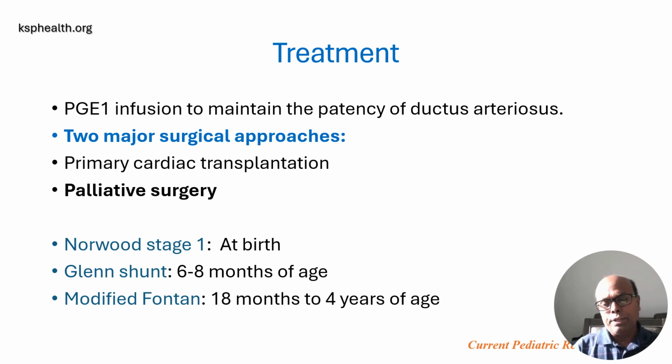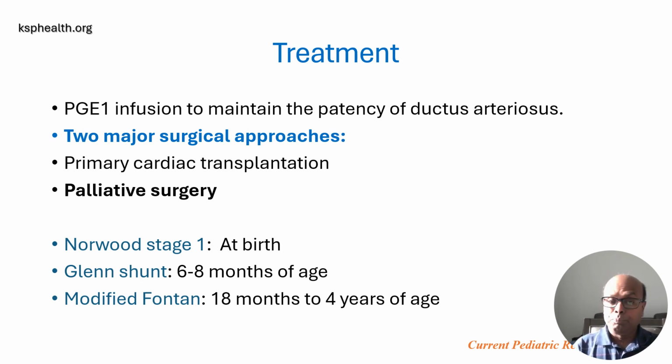The definitive way to treat hypoplastic left heart syndrome is either primary cardiac transplantation or palliative surgeries. The palliative surgeries are most commonly used because transplantation has its own issues. The palliative surgeries for hypoplastic left heart syndrome involve 3 stages.